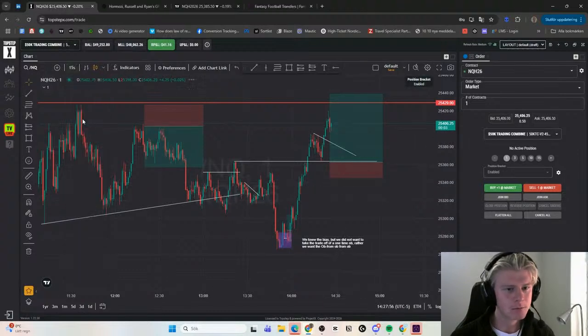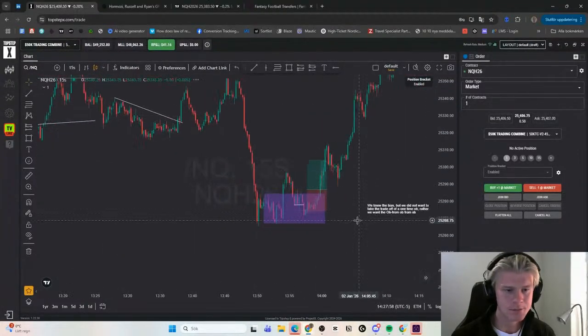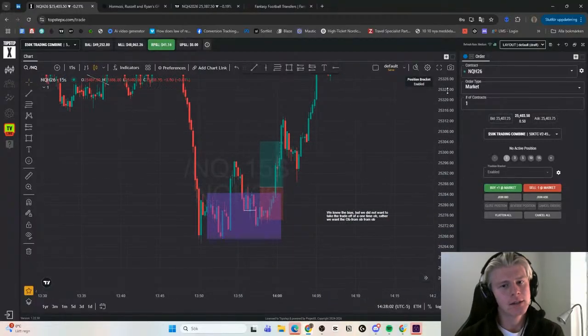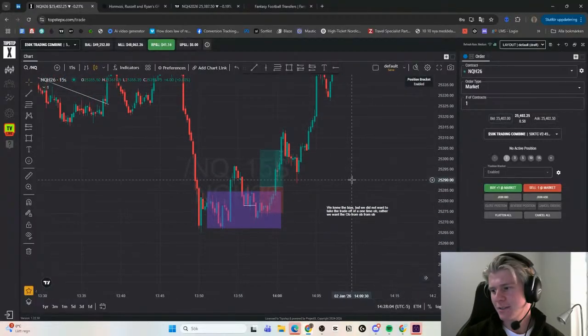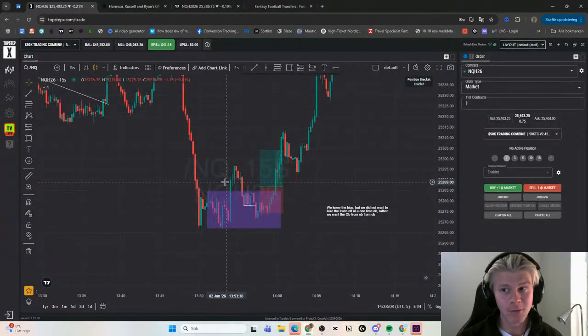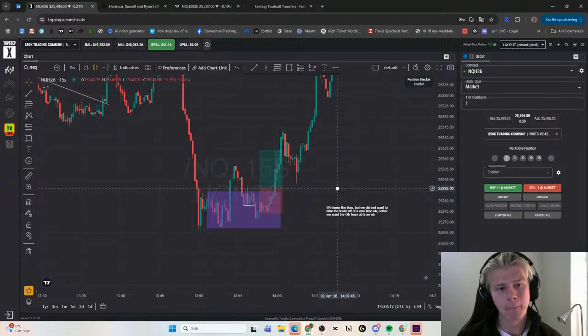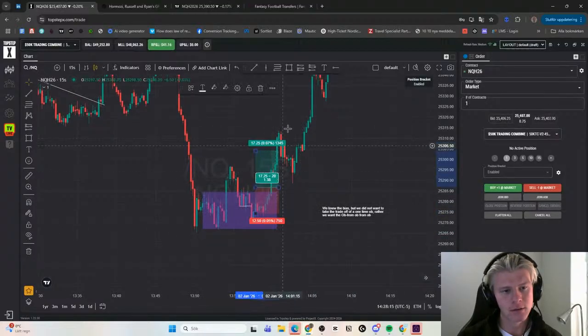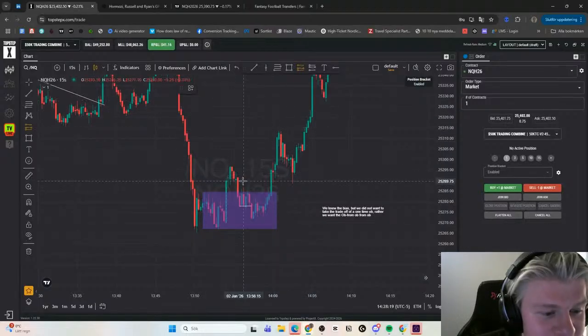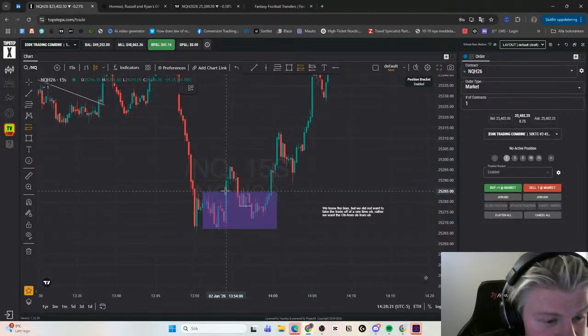Kind of bummed out because I was looking at this. Basically, I think my flaw is I can sometimes miss the setups because I want really high probability ones, which is an order block from order block from order block, but I don't always get it, and so usually I can miss these kind of setups.